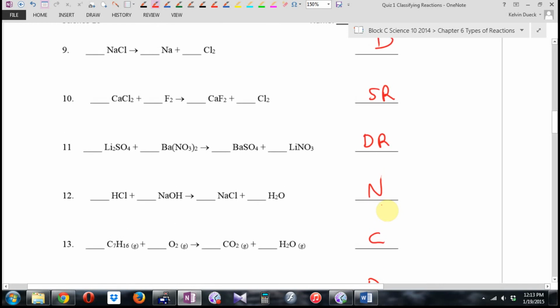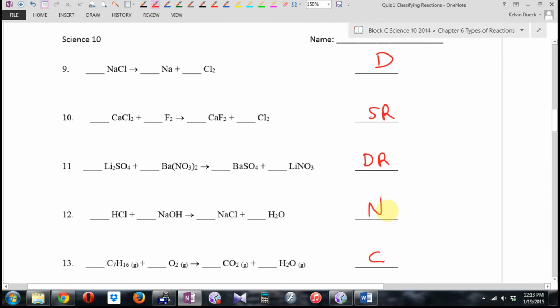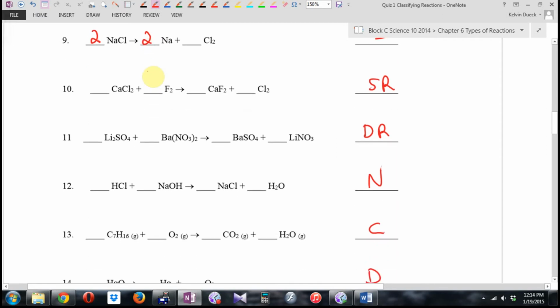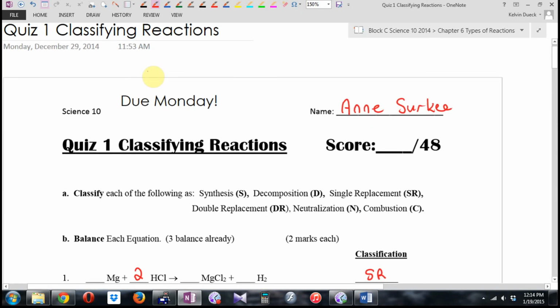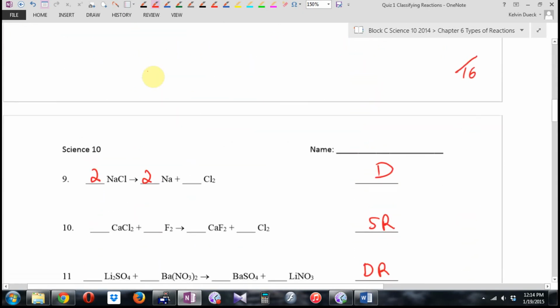All right, let's balance. 2 and 2. Hey, is number 10 balanced already? Nice. How many did I say balanced already? 3? Okay, so there's 2. One more apparently will.